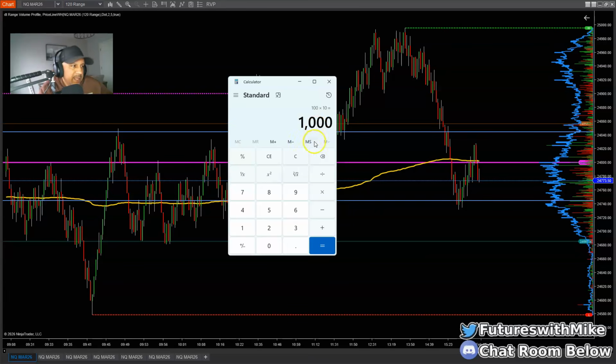So if we're looking at the micro emini S&P 500, $40 times 10, for every contract I want to trade I'm going to need at least $400 in my account. Times 2, $800; times 3, $1,200; times 4, $1,600; times 5, $2,000.